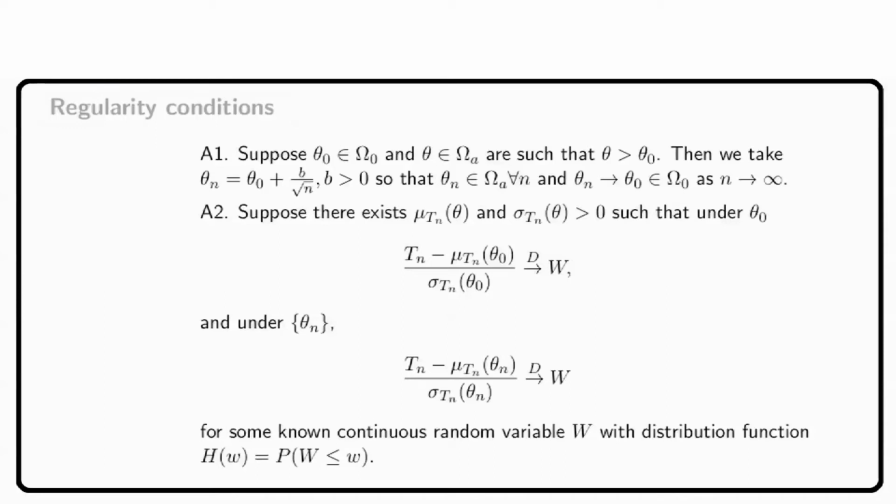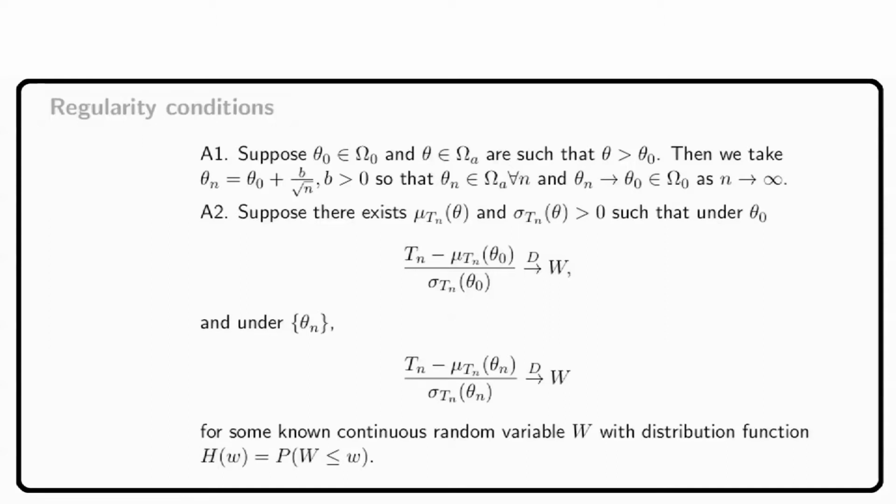Suppose there exist mu function of theta under Tn and sigma function of theta under Tn, positive, such that under theta naught, Tn minus mu theta naught under Tn divided by sigma theta naught under Tn goes to some distribution of W, and under theta n, Tn minus mu theta n of Tn divided by sigma theta n of Tn converges to the same distribution as W, where W has some known continuous distribution with distribution function H W equal to the probability that W is less than or equal to small w.